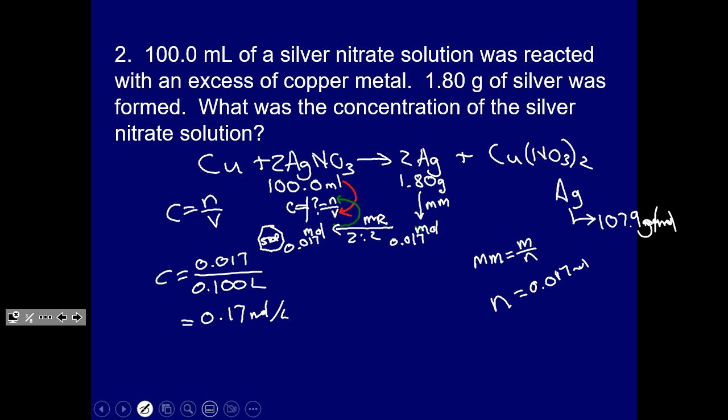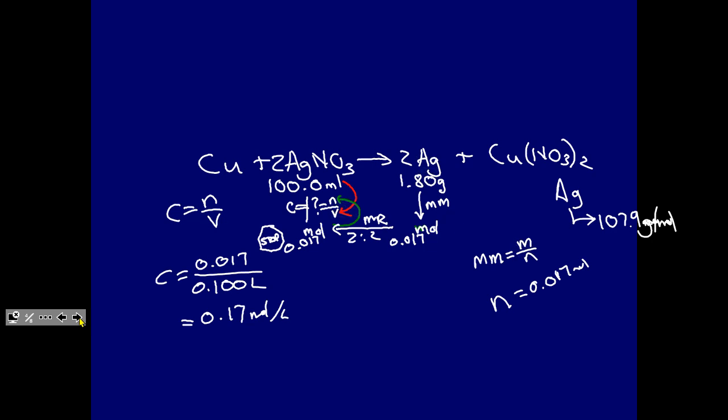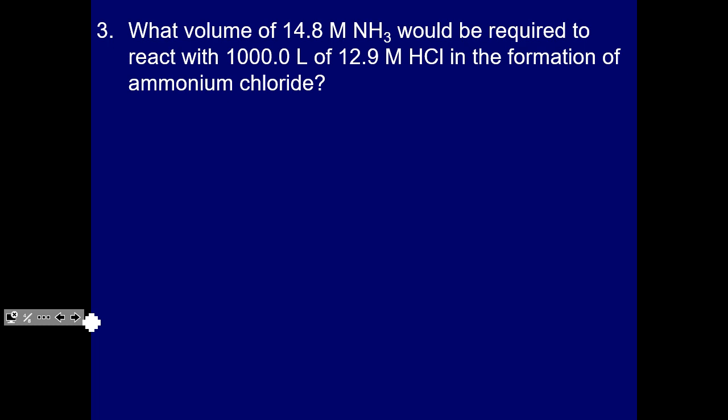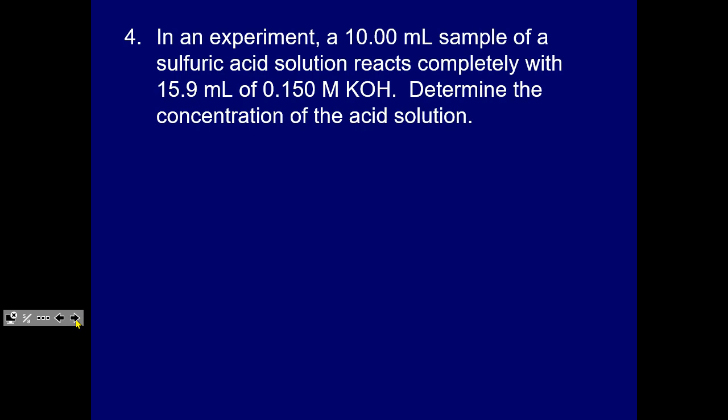I said I had 5 examples. I've got no problem taking one away. Let's see if there's one that I can get rid of. Don't write this down right away when I advance to the next slide. Let's see what that one is. That's just straightforward. That's another concentration one.